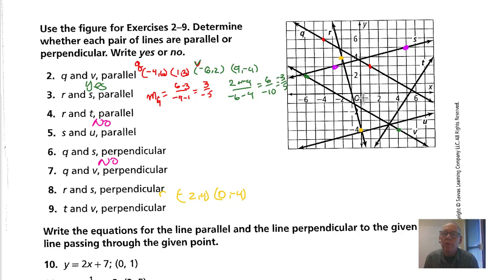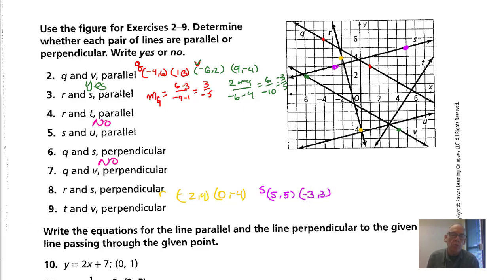So one of the points is over 5, up 1, 2, 3, 4, 5. So (5, 5) is one of the points. Another point is back 3, up 3: (-3, 3) is another point.